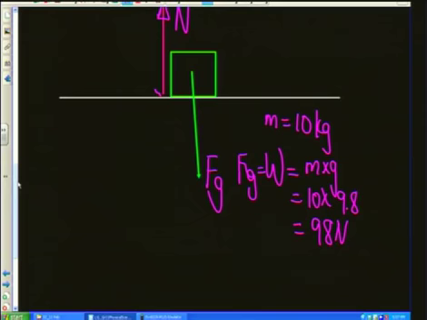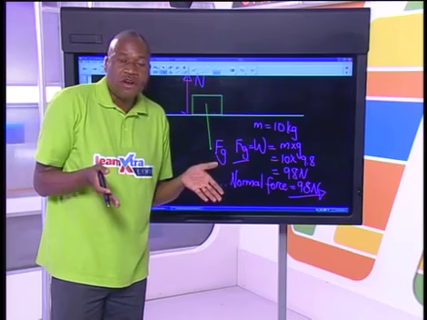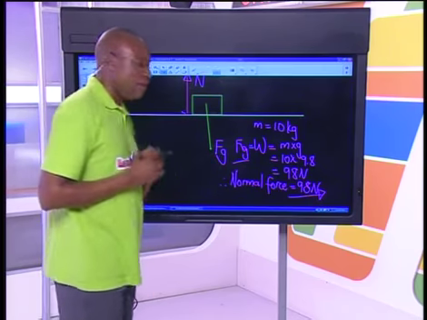And in this situation, the normal force will also be equal to 98 newtons, because it will be equal in magnitude to the weight of the object, but acting in the opposite direction.